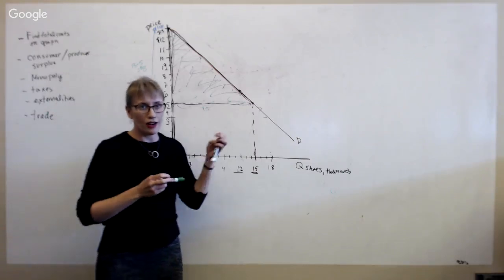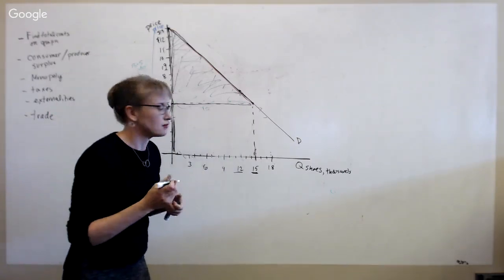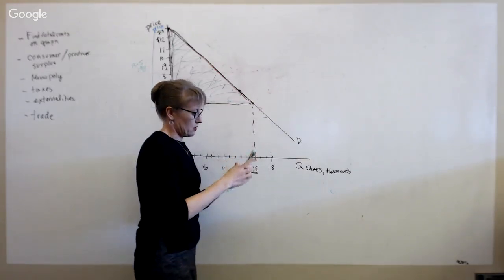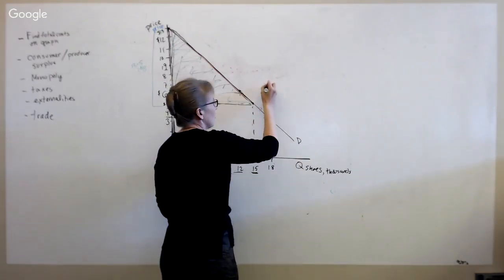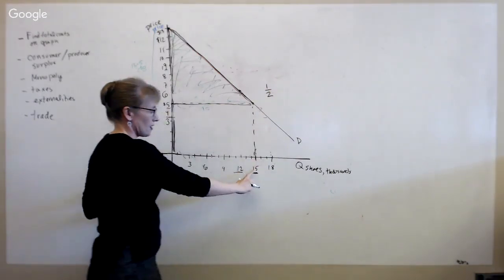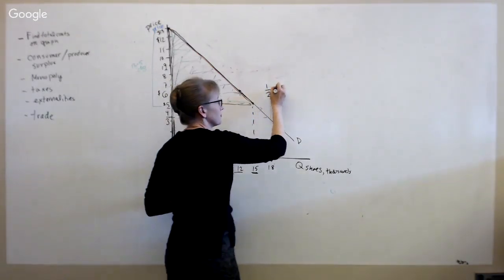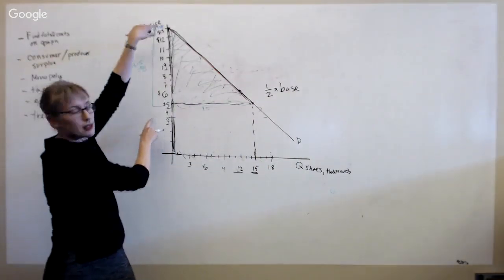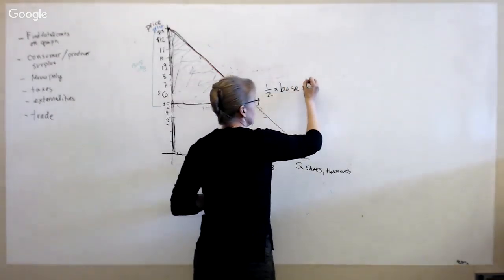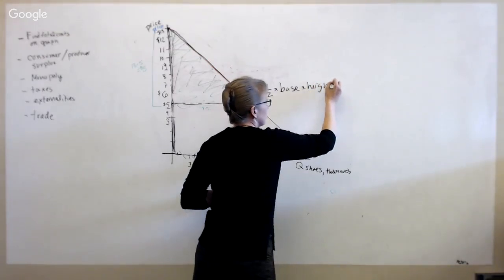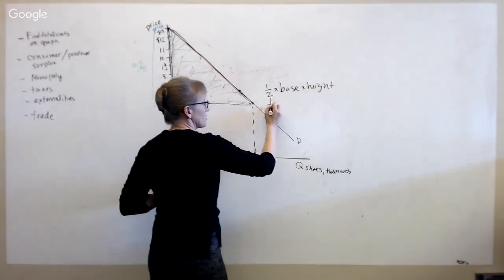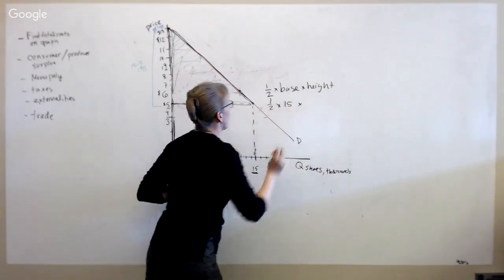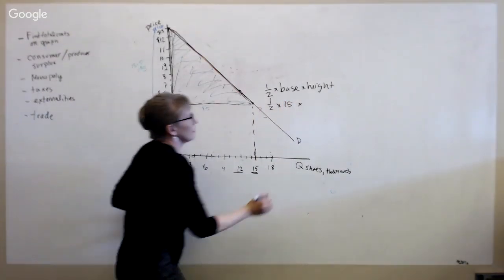The area of a triangle is equal to 1/2 the base of the triangle times the height of the triangle. Our base is 15. Our height is 8.